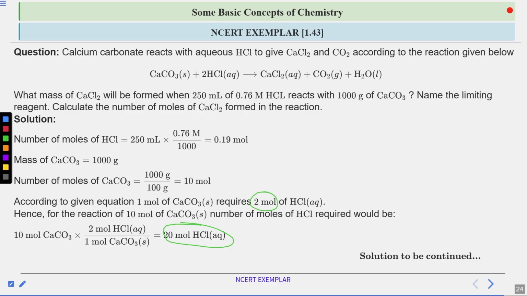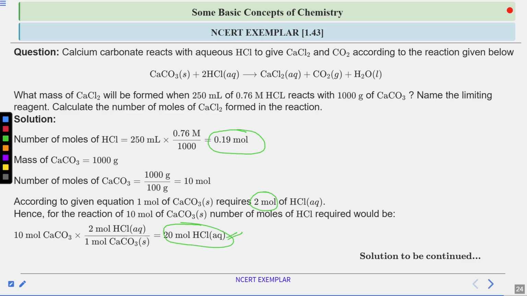Is it clear? Anyone has an issue till now? So, do we have 20 moles of HCl? No, we have only 0.19 mole of HCl. So it is that substance which is present in lesser amount, or we can say that HCl is the limiting reagent here.